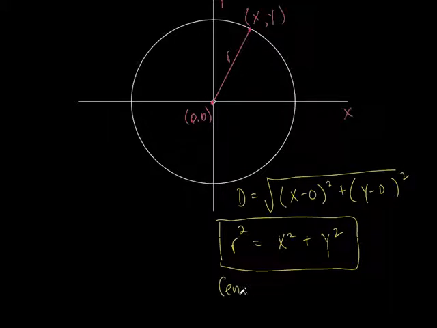So this is the equation of a circle with the center at the origin. This is not really a general equation. This is specific for this particular circle that has the center at the origin. You with me? I just wanted to do one that was easy to see because x minus 0 was easy, y minus 0 was easy.